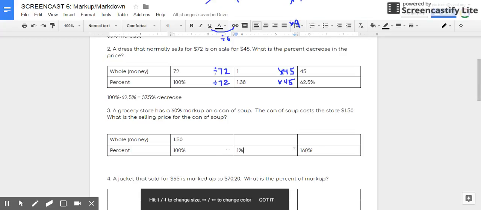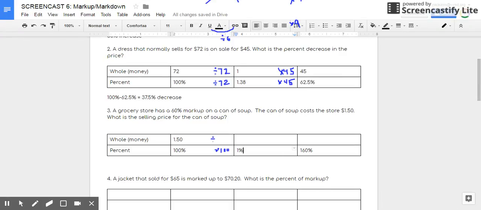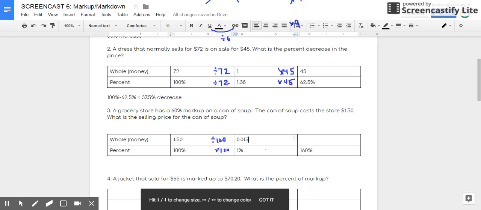Now we can go from 100 to 1 by dividing by 100. Whatever we do in the denominator, we have to do in the numerator. So then we do have to take our $1.50 and we also have to divide that by 100. So $1.50 divided by 100 is going to give us 0.015. Now we can scale 1% up to 160%. We can do this by multiplying by 160.